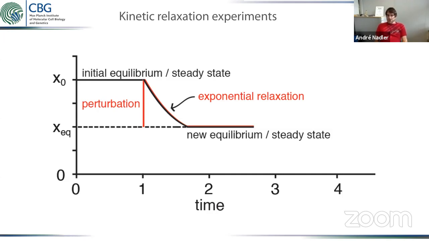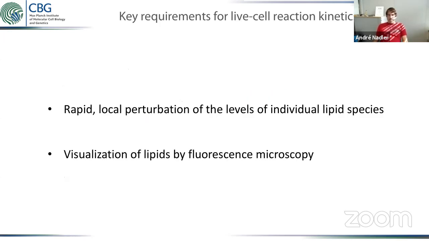Another opportunity is to use photolysis, where you alter the concentration of one of the reaction participants in a rapid manner. And you make use of the fact that the kinetics of photolysis reactions are usually much, much faster than any other reaction. And this is what we are going to use here.